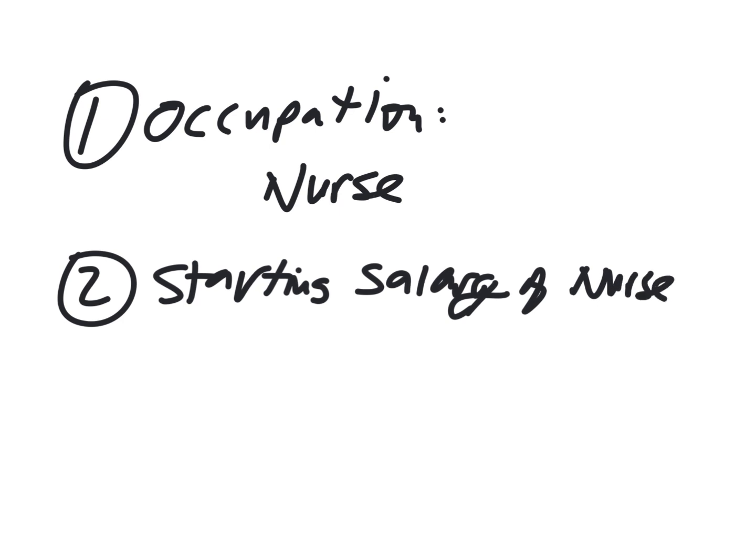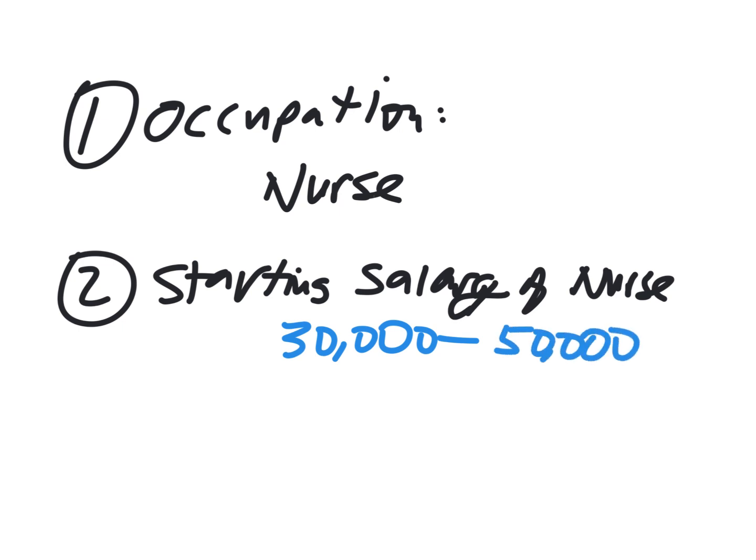Now, if they give you a range that's like, I don't know, 30,000 to 50,000, would you please just pick a number that's in the middle? It's not fair to say, I'm going to make 50,000. That's the most that they say anybody makes.